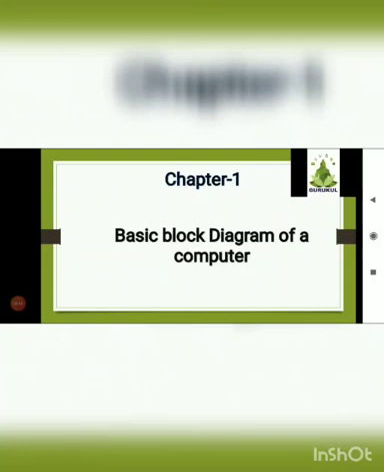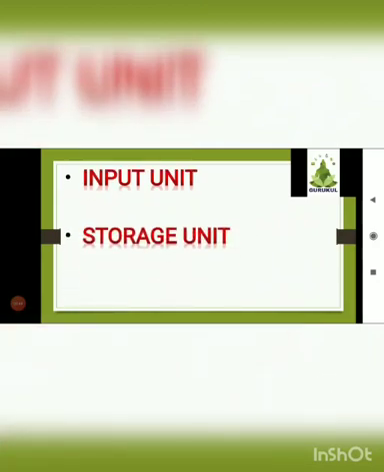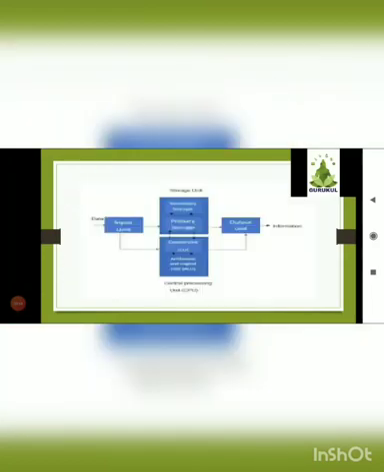In this chapter 1, we will cover input unit, storage unit, processing unit and output unit. So this is the diagram given here. Go through the diagram properly. It is the basic block diagram of a computer system.